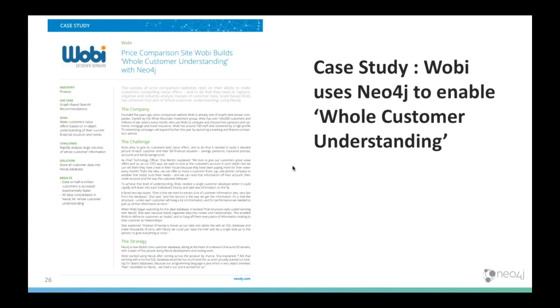And then they can start making recommendations using their price comparison platform to individuals, right? So if they see that your electric bill has suddenly gone up, maybe they could find you a better tariff or a better offer with the company that you're with. So using that whole customer understanding and developing that customer 360 view to really drive what I think is quite innovative, right? Being able to make those sorts of really intelligent recommendations based on all the data they have.